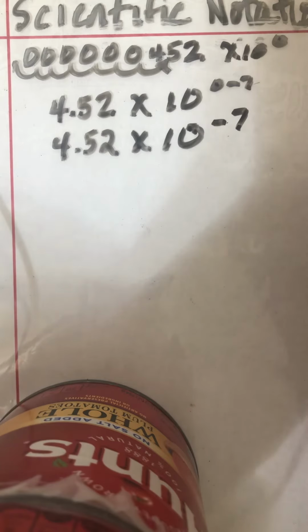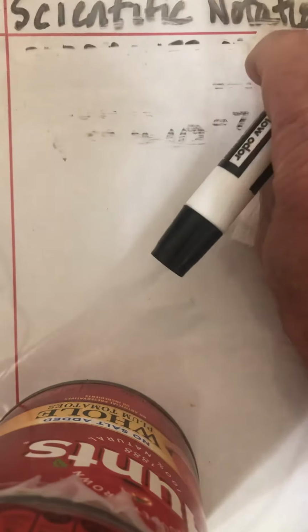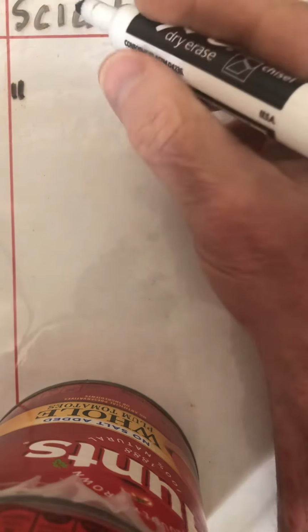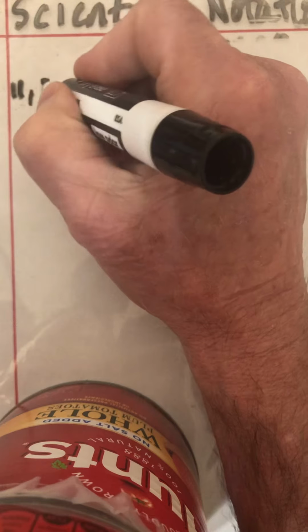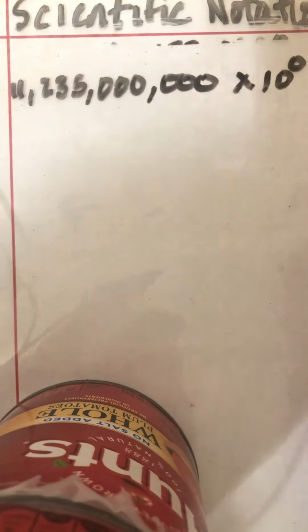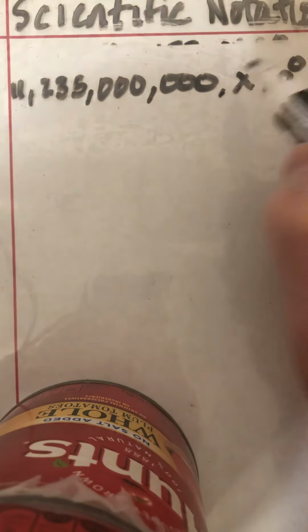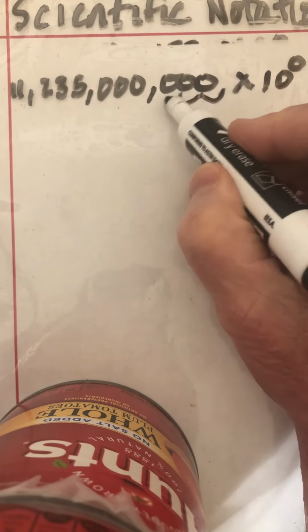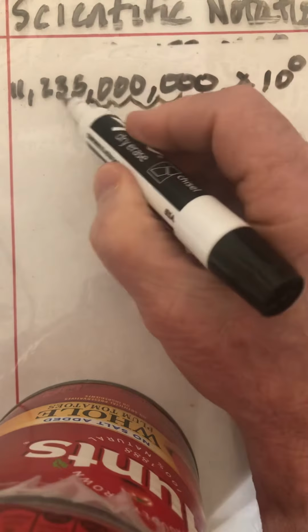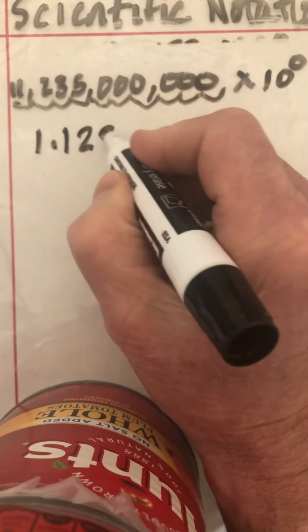Right? And then the very last one, another really long number, is 11 billion, 235 million. Again, I'm going to show that times 10 to the 0 just so you can see that it's times 1 and see how I'm doing this. So I take my decimal point and I move it 1, 2, 3, 4, 5, 6, 7, 8, 9, 10 spots till I get 1.1235.